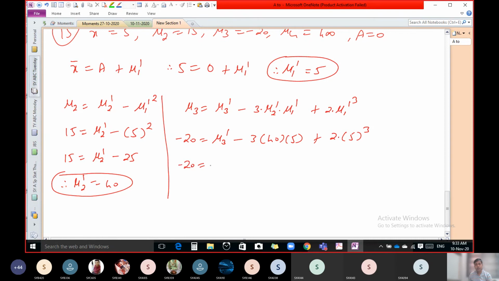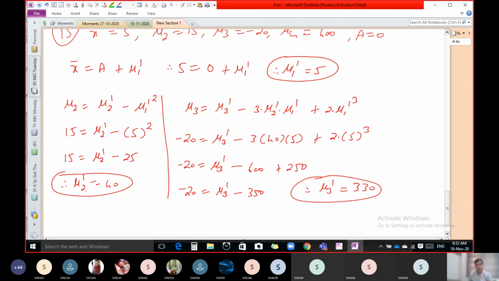So this is minus 20 equal to mu3 dash, which we don't know, minus 600 plus 250, that is minus 350. Take minus 350 to this side. So we have to add 350 and minus 20. So we get 330. So mu3 dash is 330. So mu3 dash is also now available.